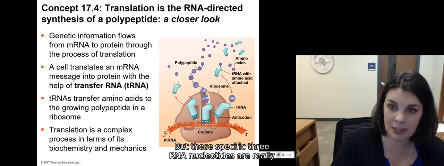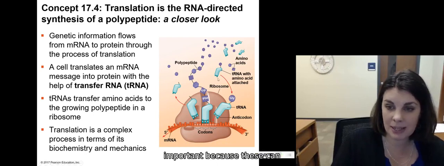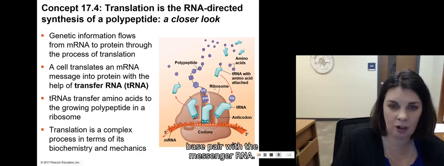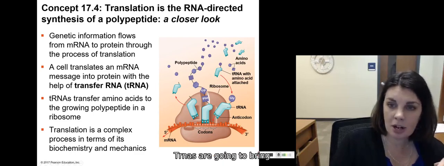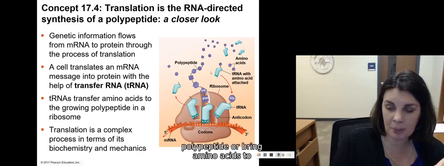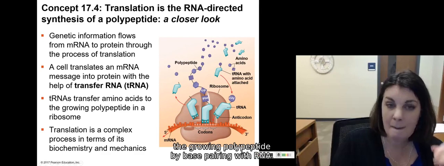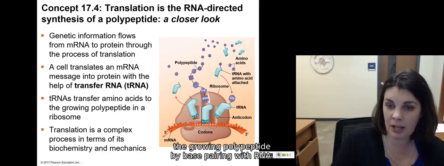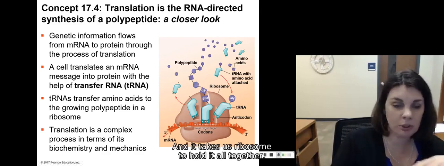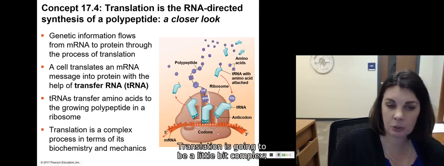Well, the whole thing is made of nucleotides, but these specific 3 RNA nucleotides are really important because these can base pair with the messenger RNA. So tRNAs are going to bring amino acids to the growing polypeptide by base pairing with the RNA, and it takes this ribosome to hold it all together.